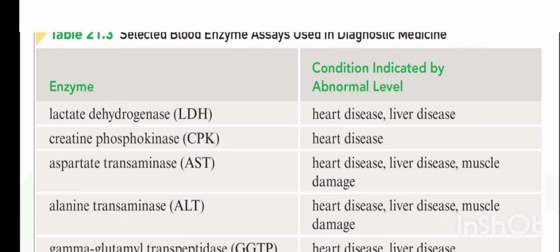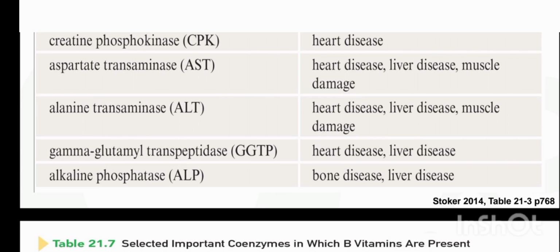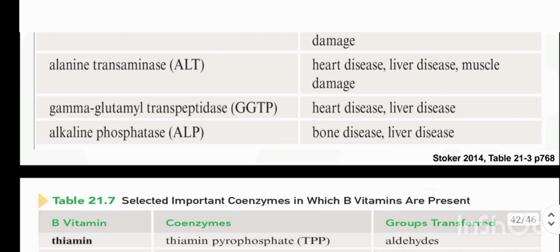Aspartate transaminase, AST: heart disease, liver disease, muscle damage. Alanine transaminase, ALT: heart disease, liver disease, muscle damage. Gamma glutamyl transpeptidase, GGTP: heart disease, liver disease. Alkaline phosphatase, ALP: bone disease, liver disease.